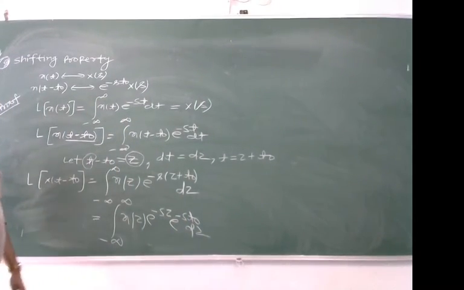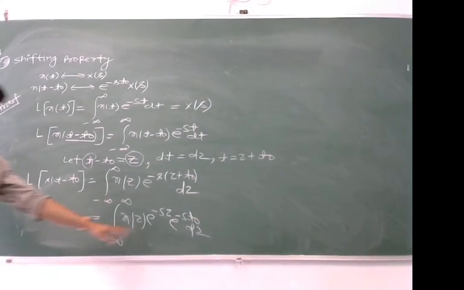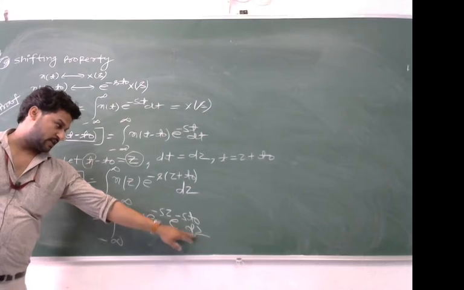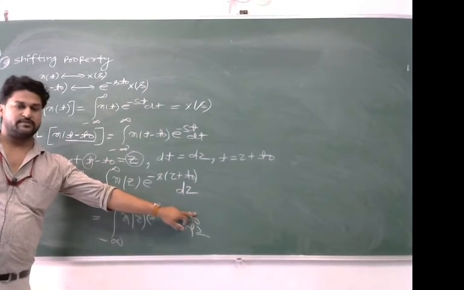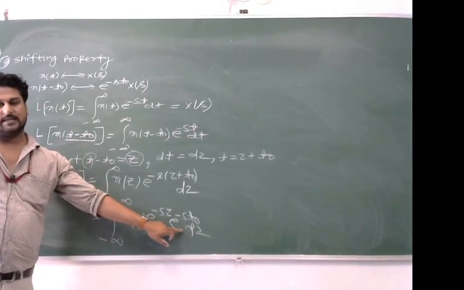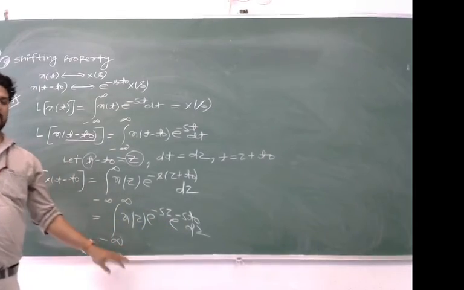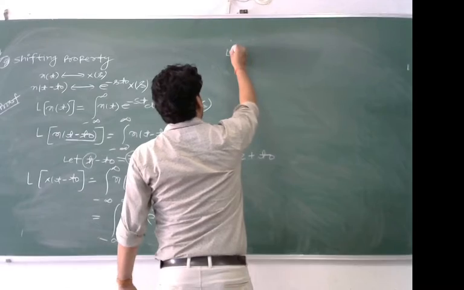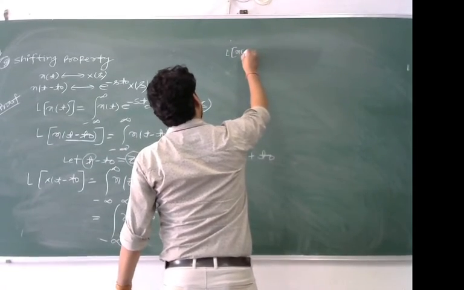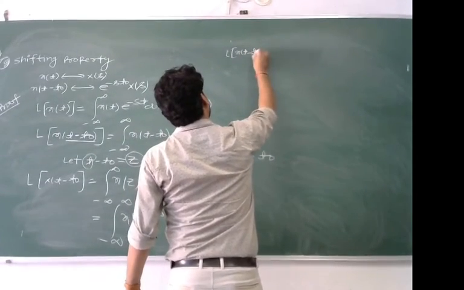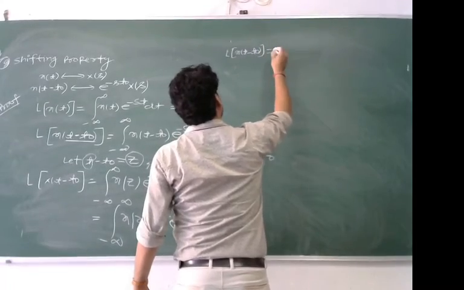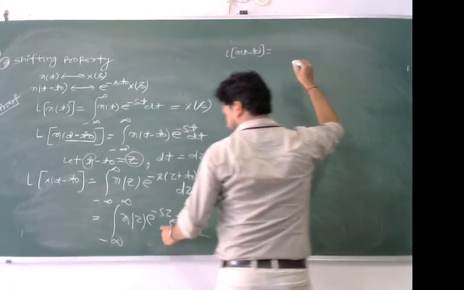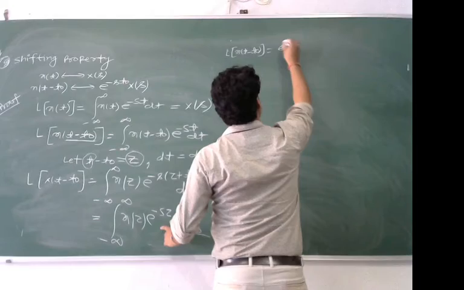And now, because we are integrating this function with respect to z, and with respect to z this t naught is a constant, I will put e power minus s t naught outside of the integration.